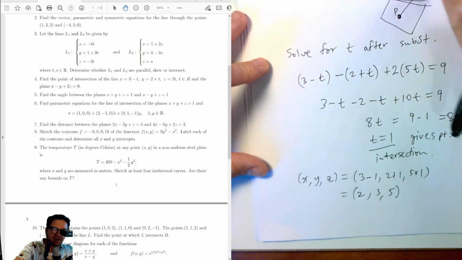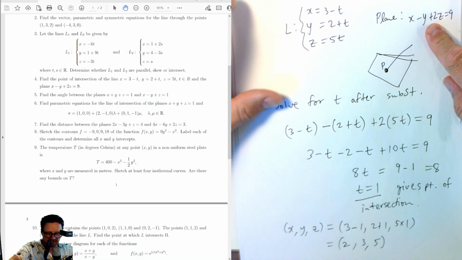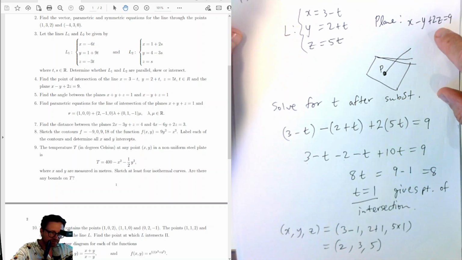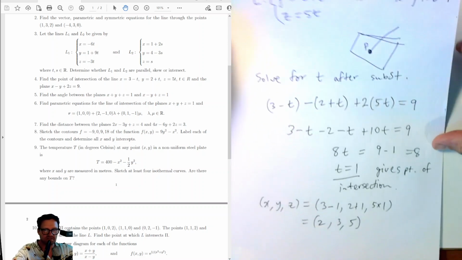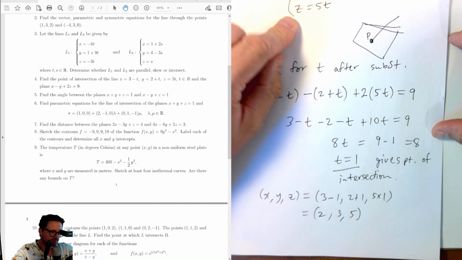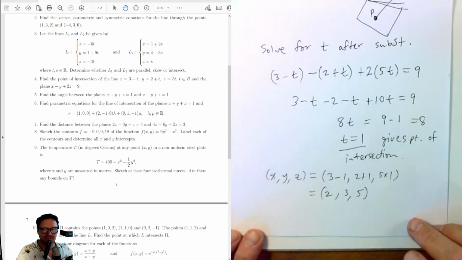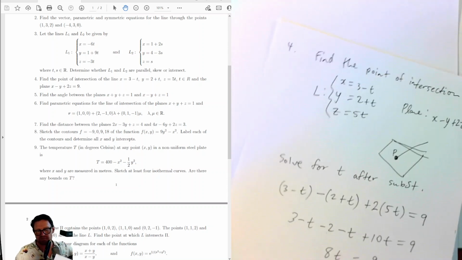Now let's briefly check if it satisfies this. 2 minus 3 is minus 1, plus 2 times 5 is 10. 10 minus 1 is 9. So yes, it does satisfy the equation of the line and the plane. So it does intersect. That is the intersection of those two geometric entities.